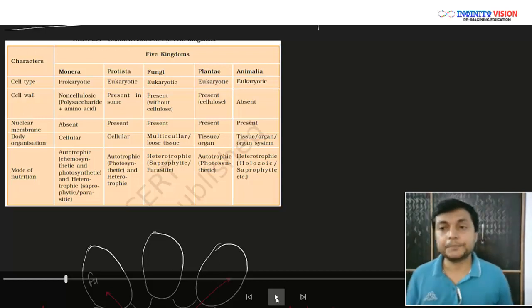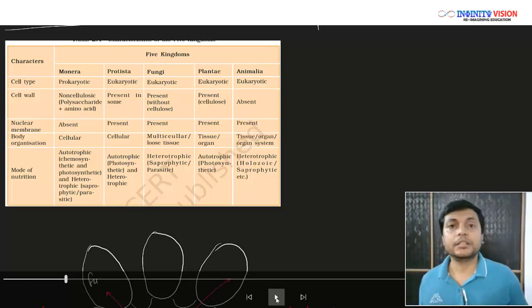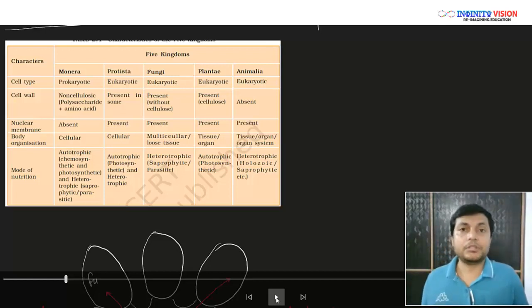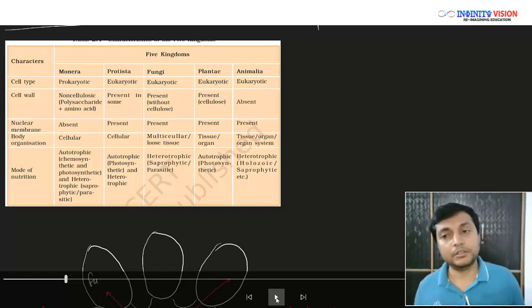If you talk about nuclear membrane, obviously in monerans, which are prokaryotes, nuclear membrane is absent, they have primitive nucleus. In all eukaryotic cells you will find true nucleus having nuclear membrane. So rest all the kingdoms have nuclear membrane.